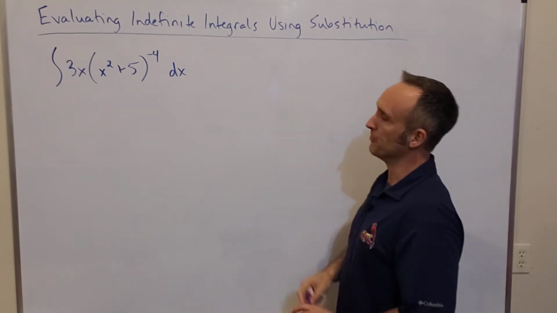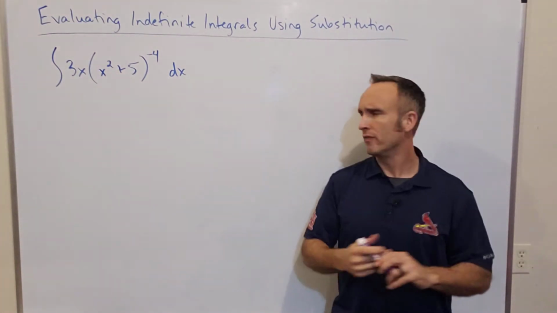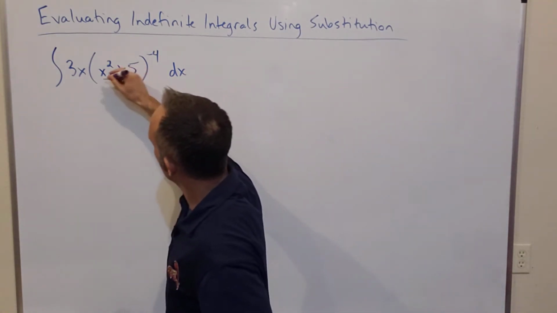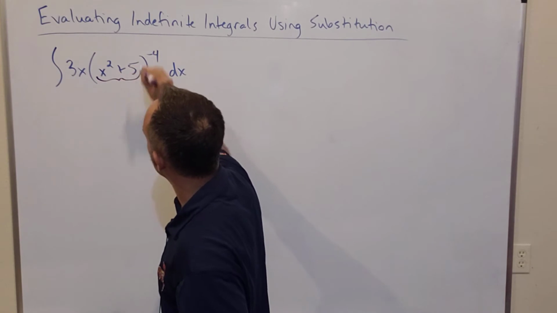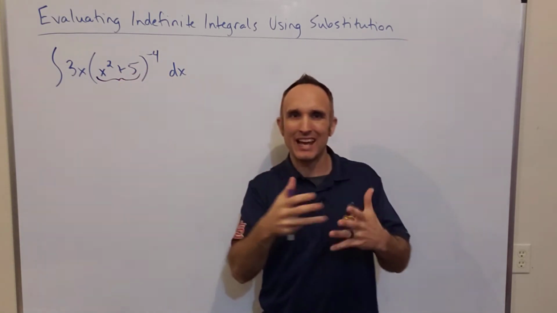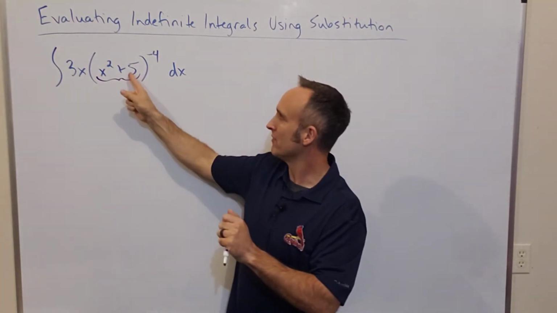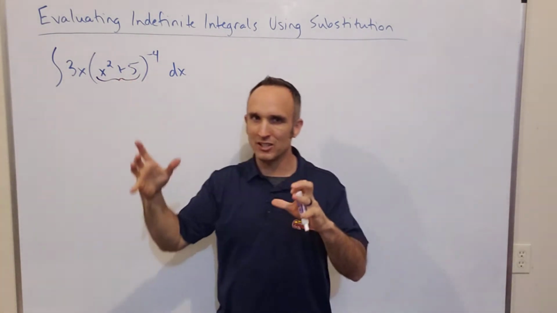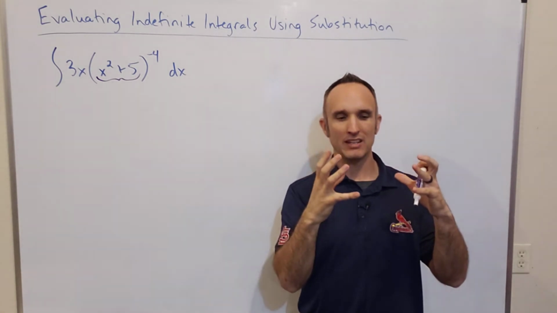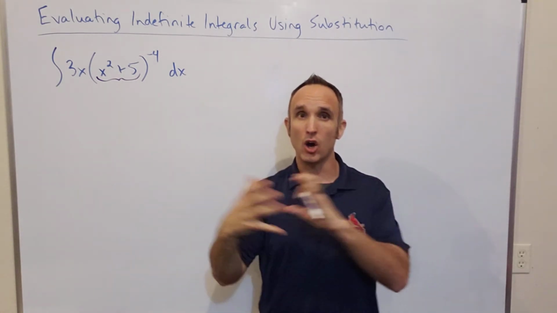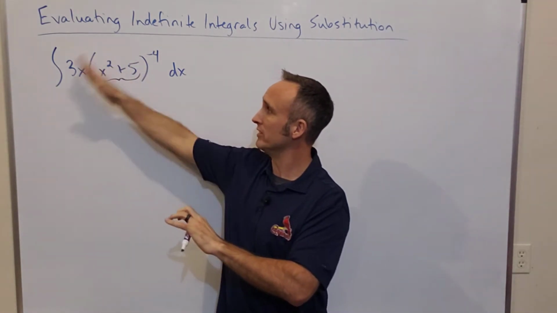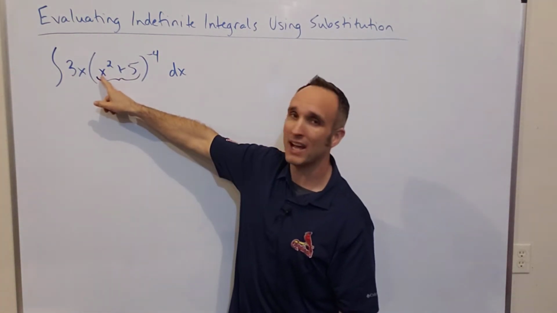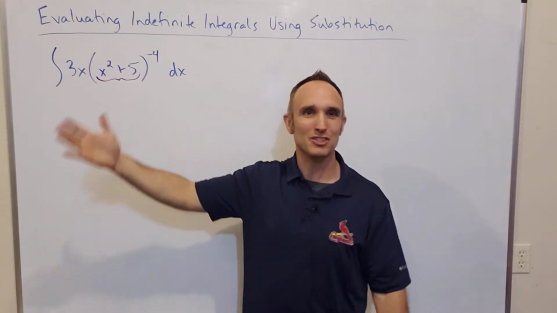All right, so a little bit more advanced here, but if we look at x squared plus 5 and think ahead about its derivative, the 5 turns to 0. So what we're trying to do is pick our u so that the derivative of that also shows up somewhere in this function. And I know that the derivative of x squared is 2x.